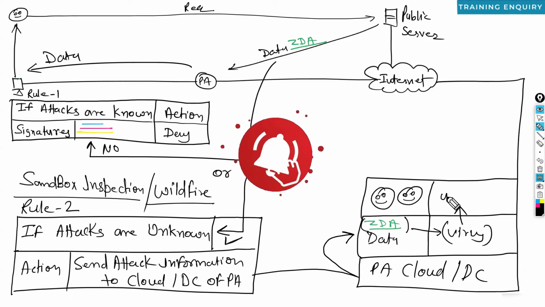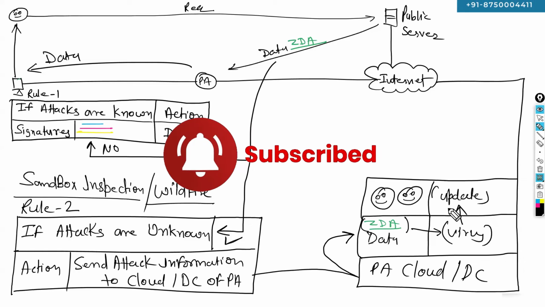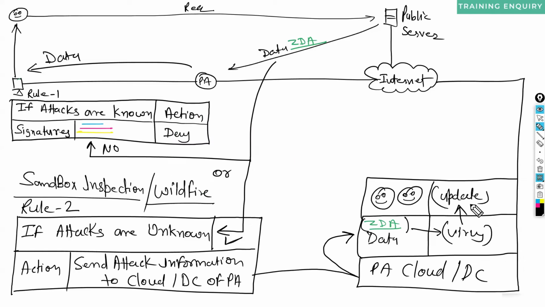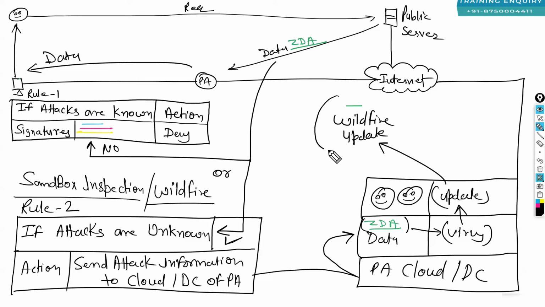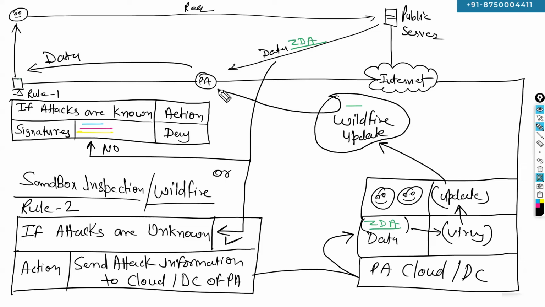Then they will generate an update or prevention solution for this. That update will be called the WildFire update, and it will be sent to the firewall. The firewall will accept the update and place the information in its database.